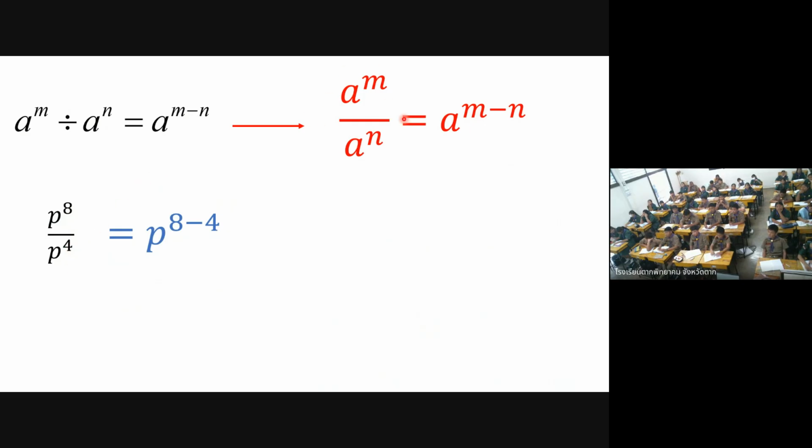Since they have the same base, you're just going to copy the base and you're going to subtract the given exponent. So we're going to have here m minus n. So that's why we have p to the power of 8 minus 4. And the answer is p to the power of 4. Next.